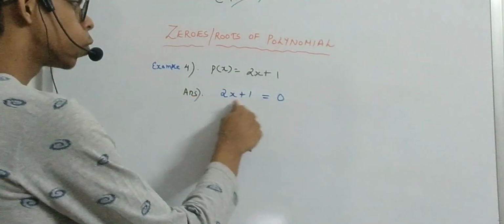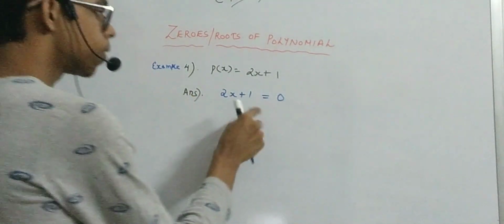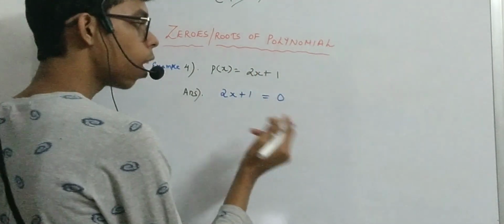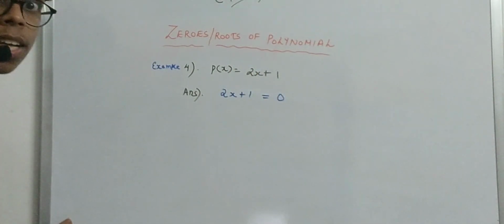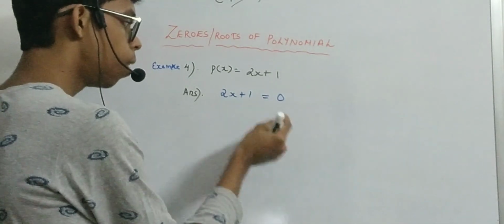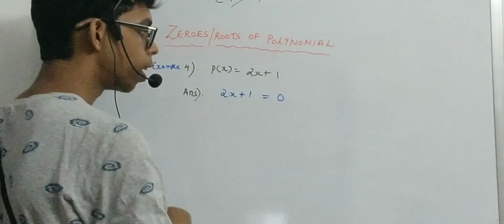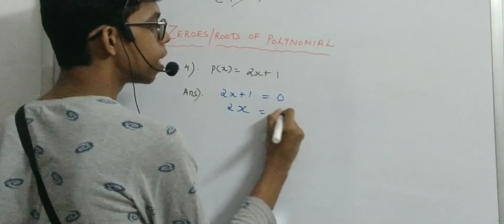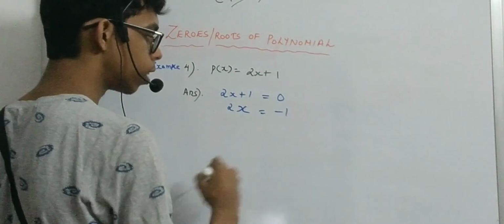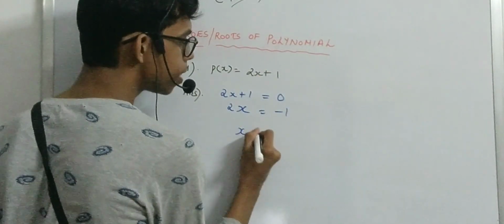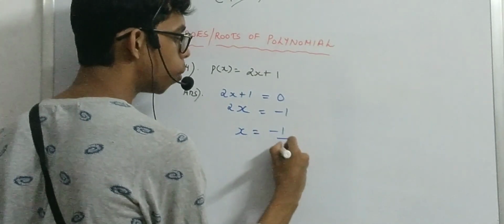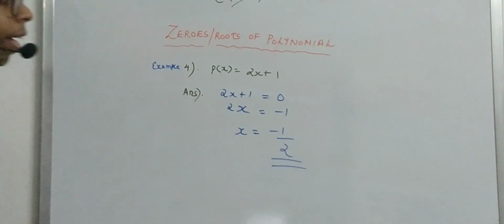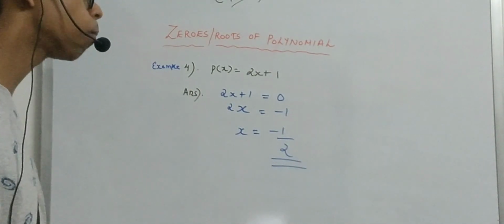Now from here, it is very easy for us to just solve by our linear equation and find the value of x. So from here we will get 2x is equal to minus 1. This I am taking to the other side. So from here I will get x is equal to minus 1 by 2. Okay, so this is my 0 of the polynomial.